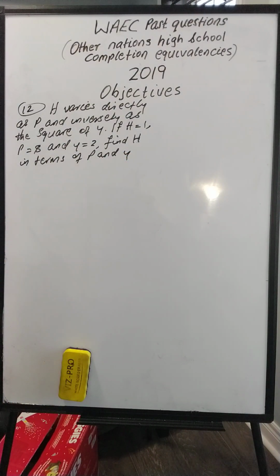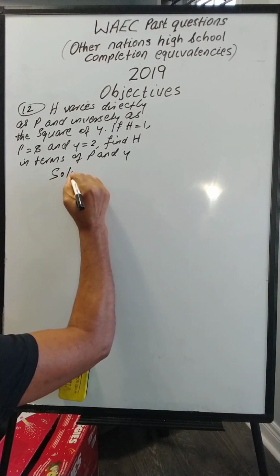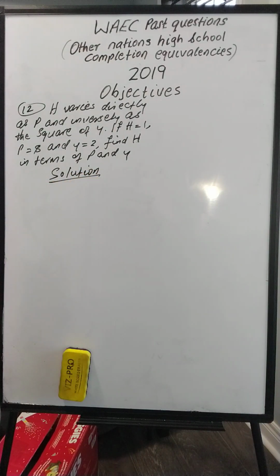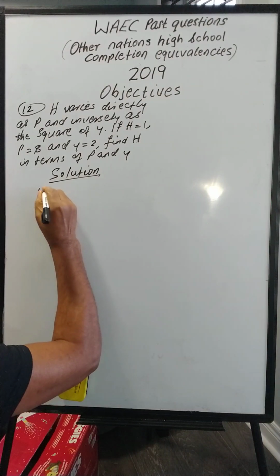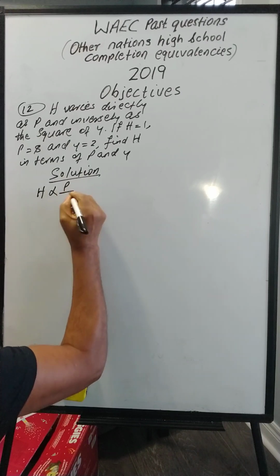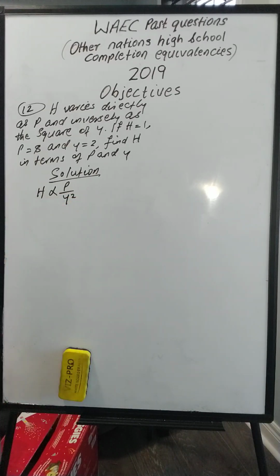So to find h in terms of p and y, go this way. Solution. h varies directly as p and inversely as y squared.